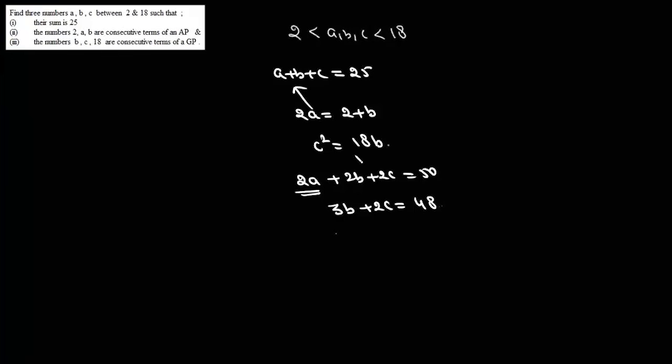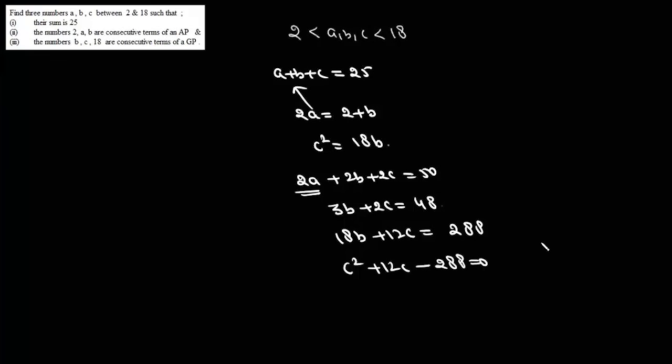And we know that 18B is C square. So we'll multiply everything with 6. So it will be 18B plus 12C, and this is equal to 48 into 6, which is 288. Now this 18B is C square, so we can write C square plus 12C minus 288 is equal to 0.